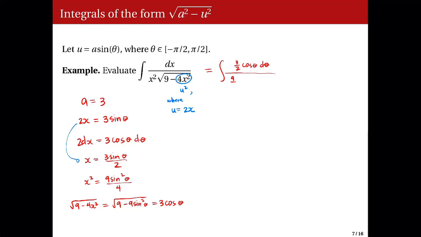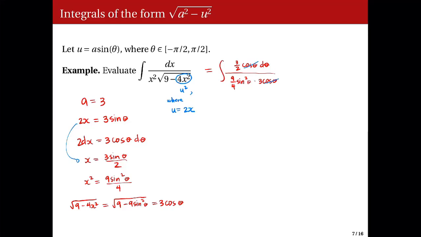So we will have 9 over 4 sine squared theta. And then we have the square root of 9 minus 4x squared here, it's just 3 cosine theta. So times 3 cosine theta. And if we simplify this, of course, cosine theta will cancel this cosine theta here.